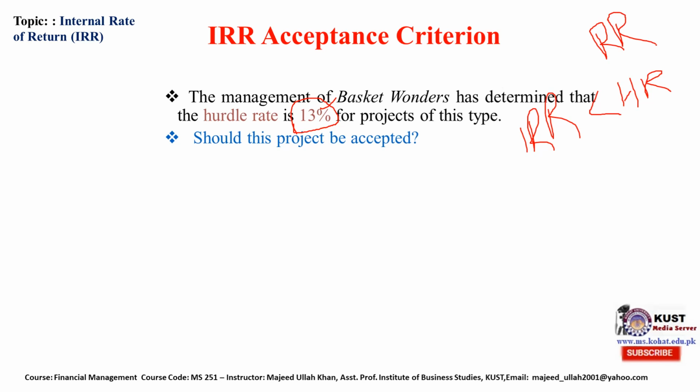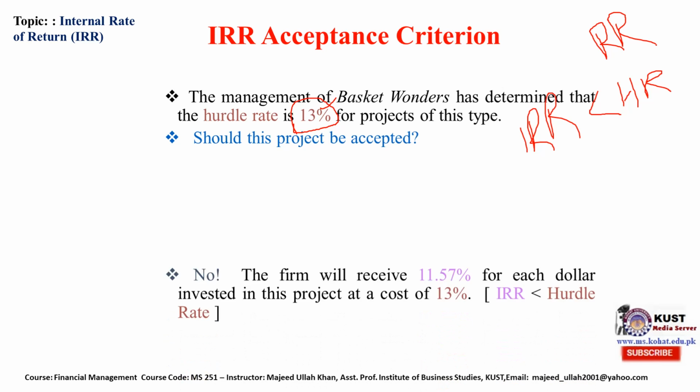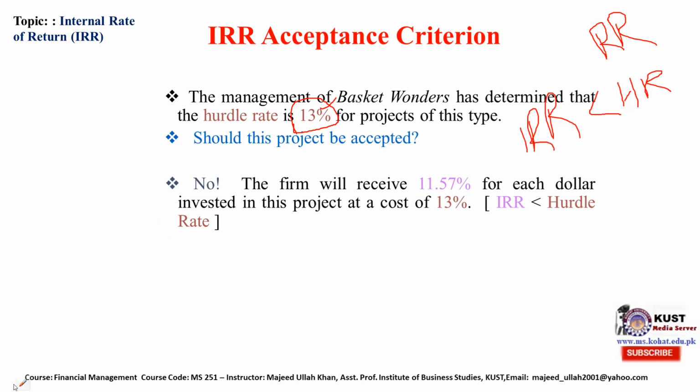Should this project be accepted, since its IRR is 11.5%? It will not be accepted. So the acceptance criteria is no. The firm will receive 11.5% for each dollar invested in this project, at a cost of 13%, which is the required rate of return. IRR is less than the hurdle rate, so the firm will reject the project. It will not accept it.